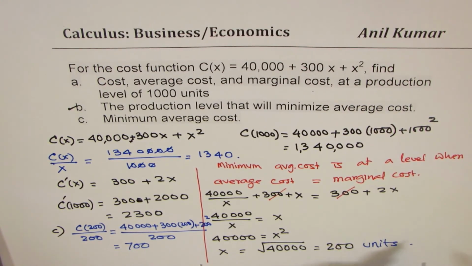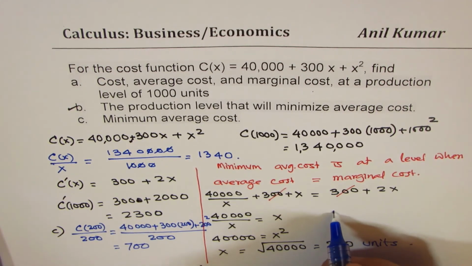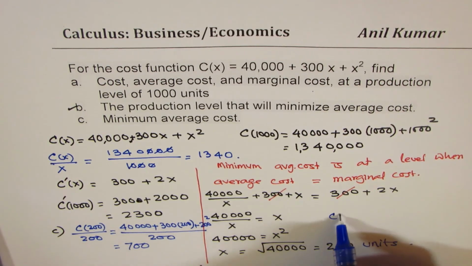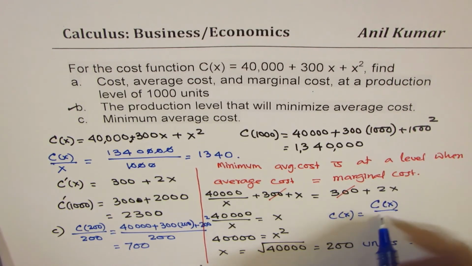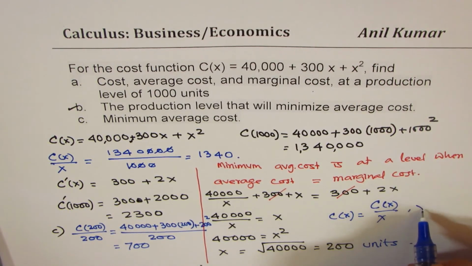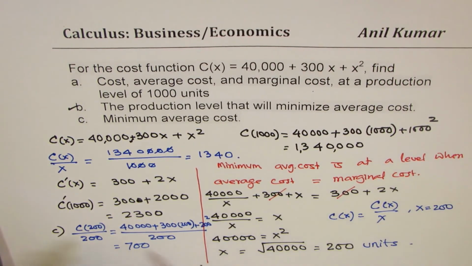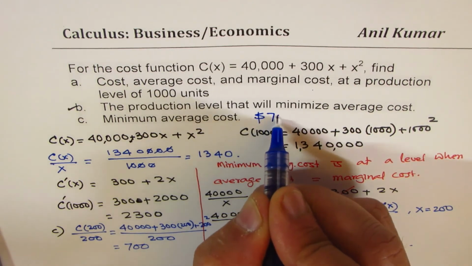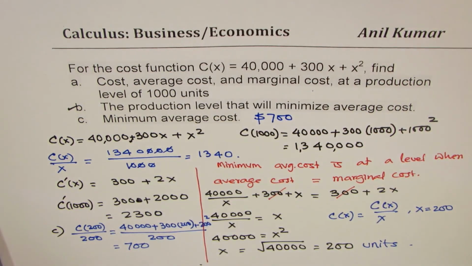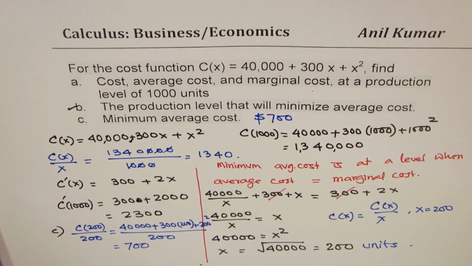At that number of units, the average cost is the total cost divided by x for x equals 200. We calculated this as $700 for part C, the minimum cost. So I hope with this, the connection between cost, average cost, and marginal cost is fairly clear.